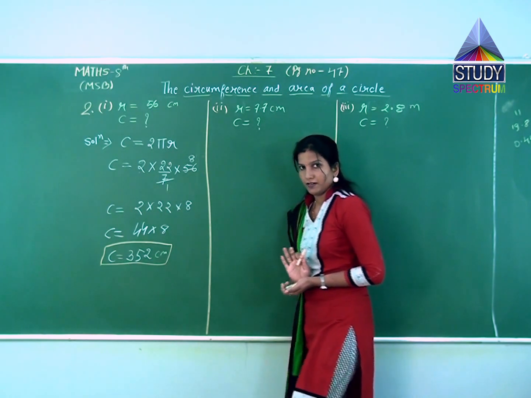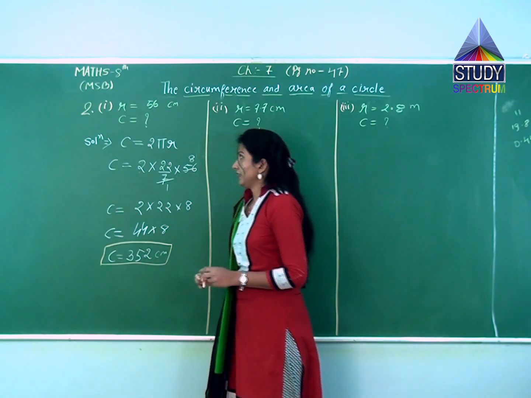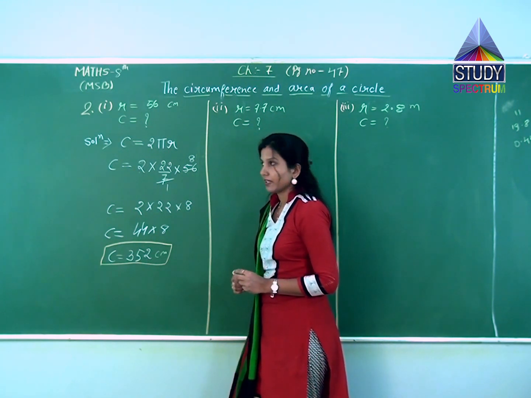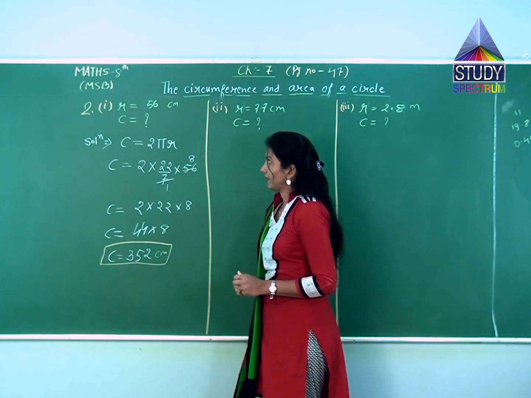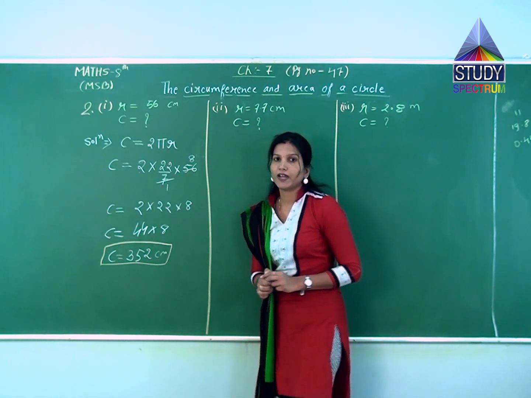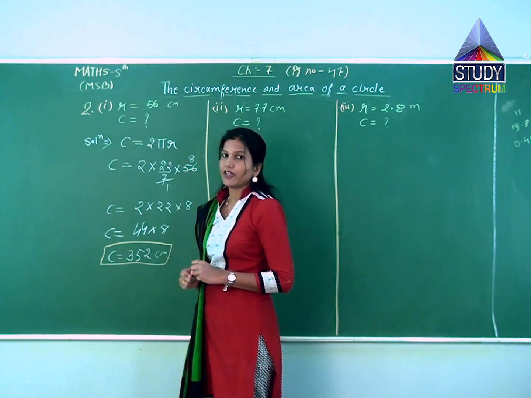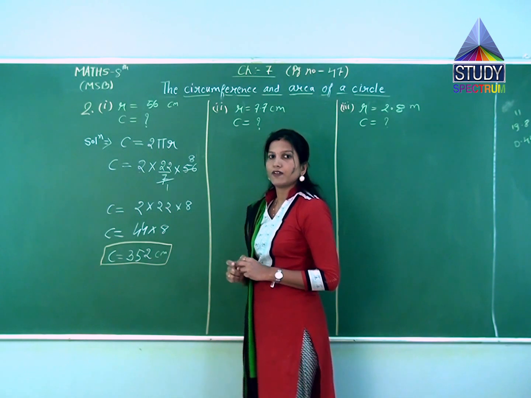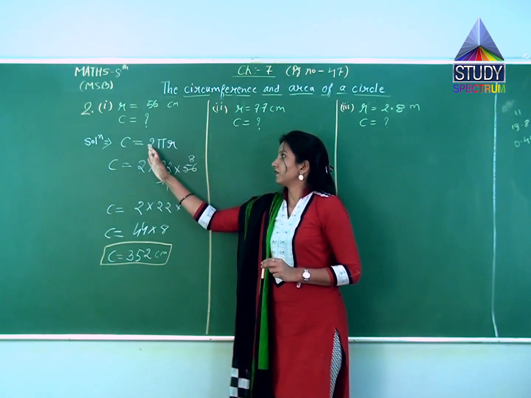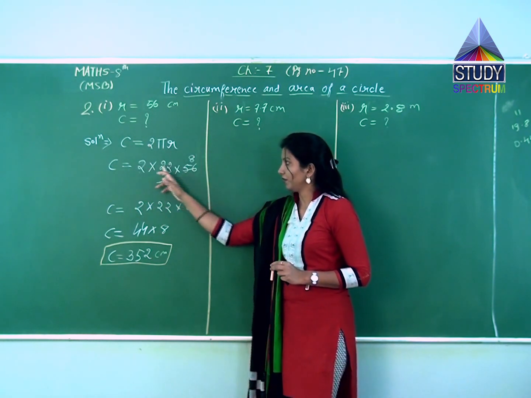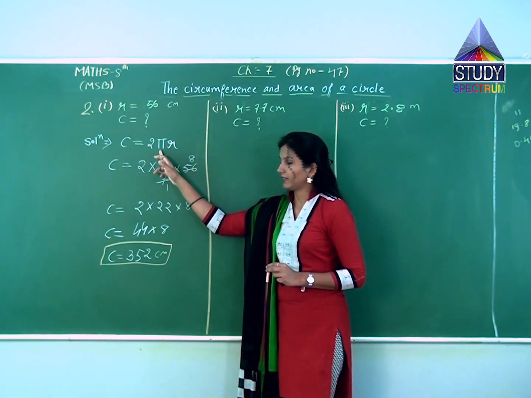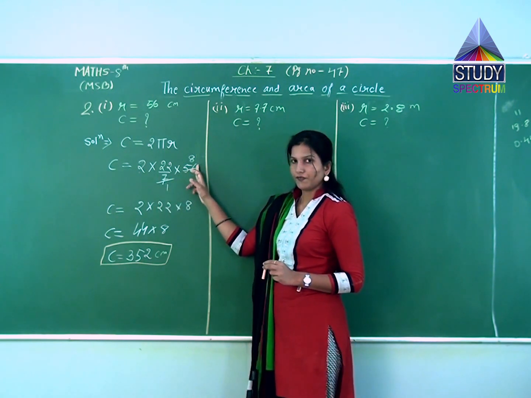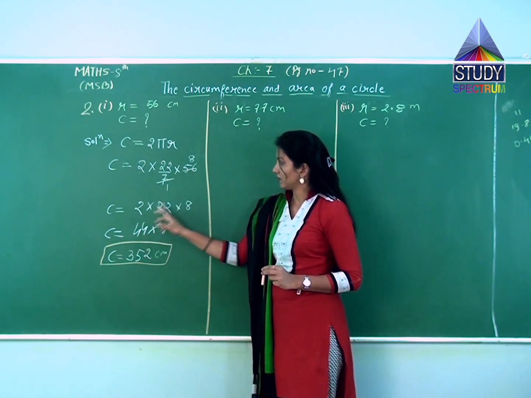Understood everyone? Let us revise it once again. In this question, we have given radius which is equal to 56 centimeter, and we have to find out the circumference. In question number 1, we had given the diameter, that's why we had applied the formula pi d, but here radius is given, so we will apply circumference equals 2 pi r. 2 into 22 by 7 at the place of pi and 56. 7 8s are 56, 8 2s are 16.